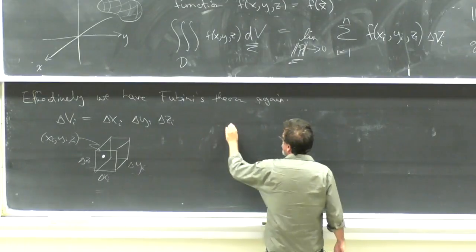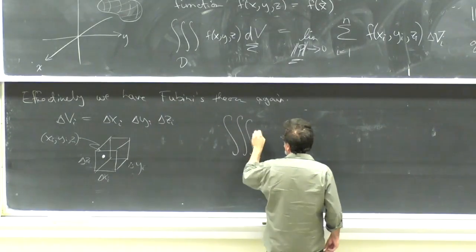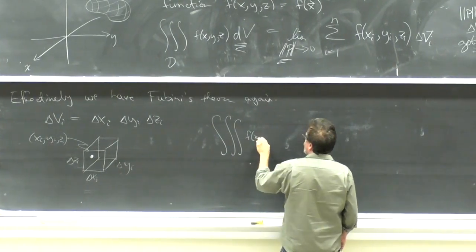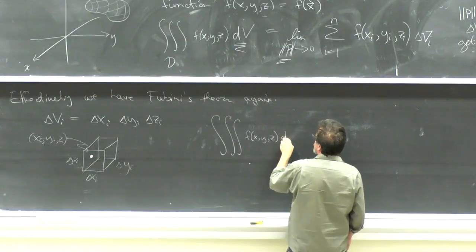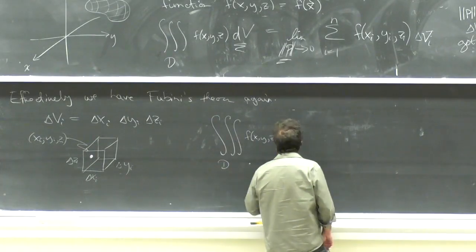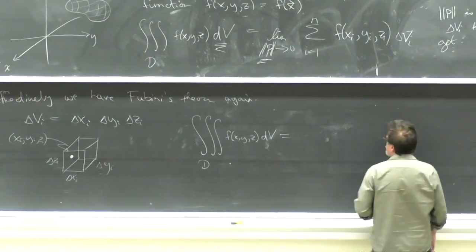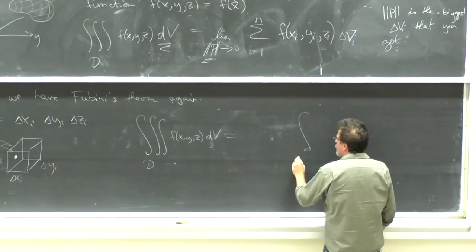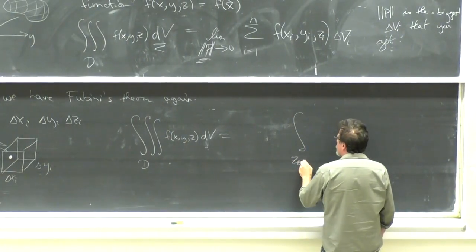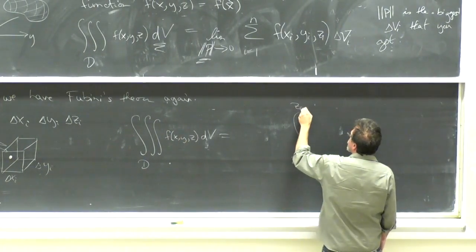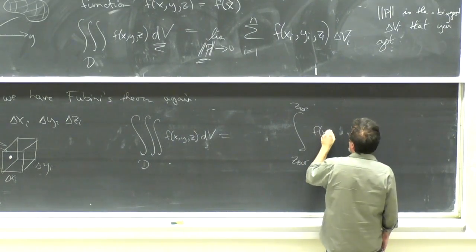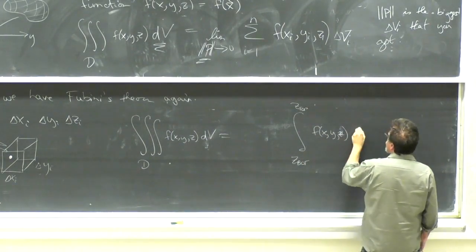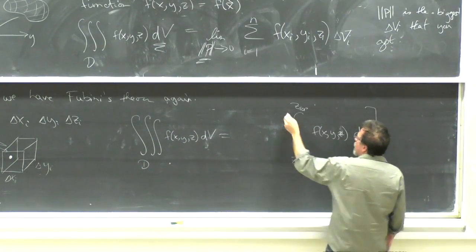So algebraically, this says the triple integral over the domain of f of x, y, z, with respect to the volume over the domain, is equal to the integral from some z bottom to z top of f of x, y, z with respect to z.